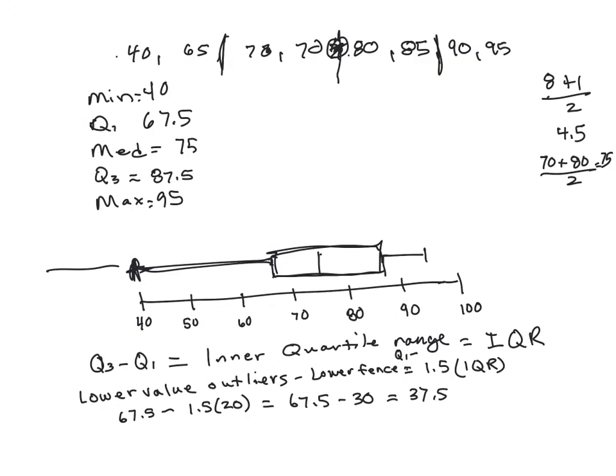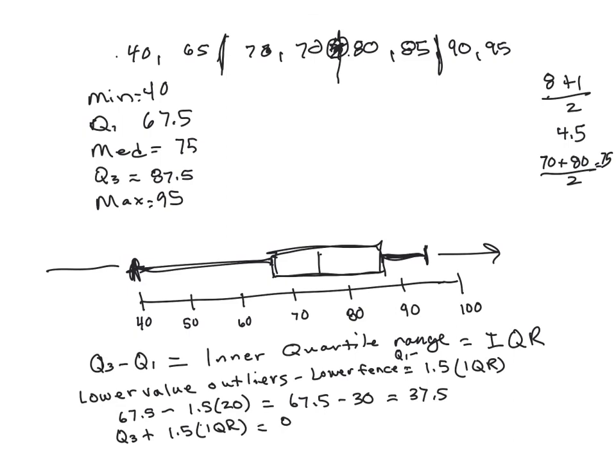So we could have things that are too high as well. So those would be up in this end. I can see that we don't, but let's run a test and see how high a score would have to be. So instead of Q1 minus 1.5 times the interquartile range, it's going to be Q3 plus 1.5 times the interquartile range.